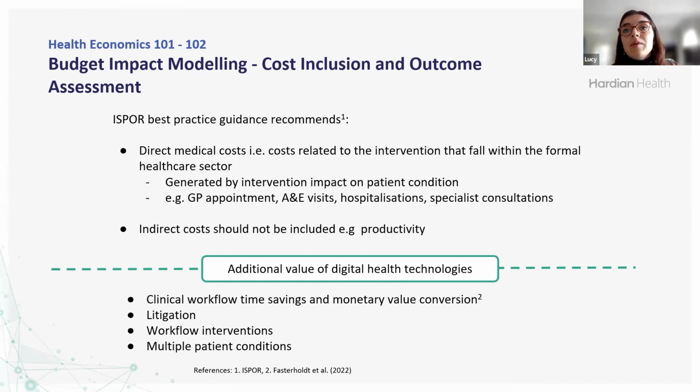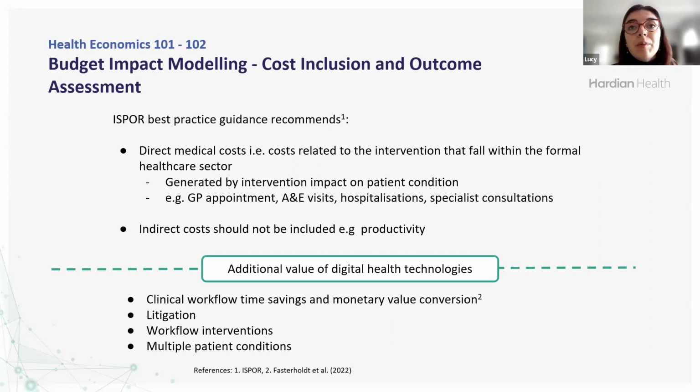And we're seeing that actually, with most of the software devices and digital health technologies that we're working with at the minute, that the ISPOR guidance for the inclusion of the direct medical costs isn't necessarily appropriate, because the benefit of these technologies are more around the indirect impacts and the systemic benefits to a healthcare system. For instance, improvements in clinical workflow and putting a monetary value to time savings, for instance, reduction in litigation claims and costs.